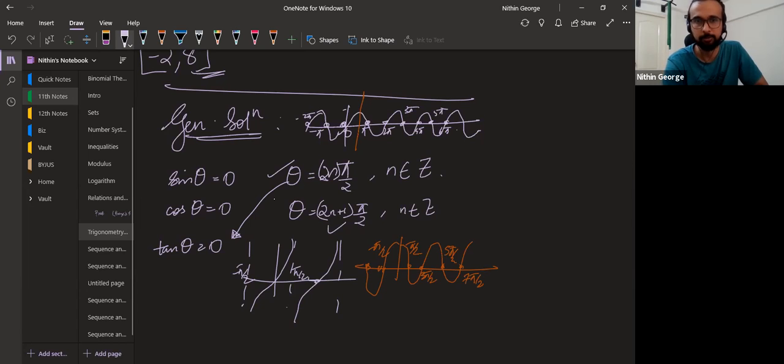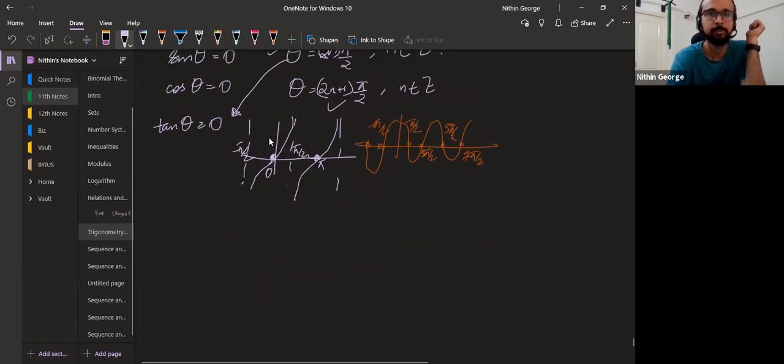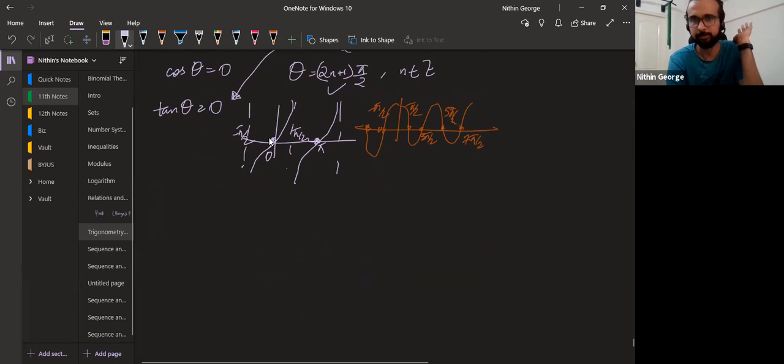So at 0, at pi, at 2 pi, it will become 0, because it's periodic. If it's 0 here once, pi units away, you'll get another 0. Pi units this way, you'll get another 0. So you get n pi itself. So this much you can manage, right? Now what do we need?